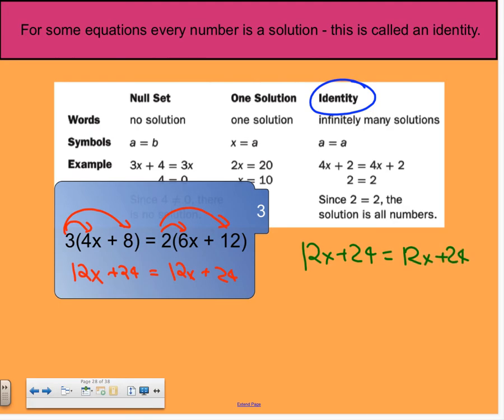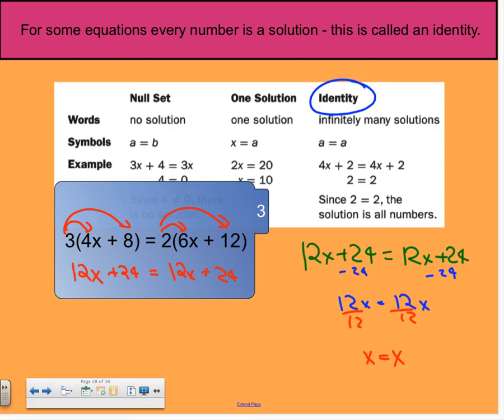Now, if you want, I can simplify this, okay? I could subtract 24 from both sides and end up with 12x equals 12x. Make that a 12. And then I could divide by 12 on both sides, right? And I get x equals x, okay?